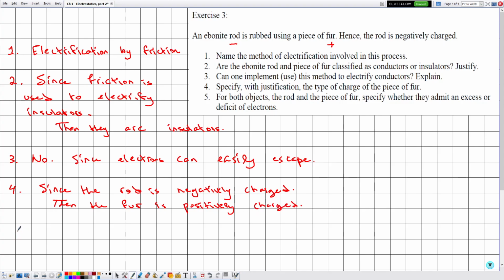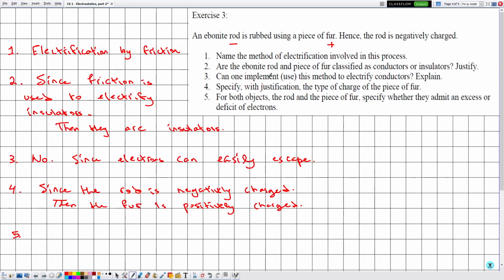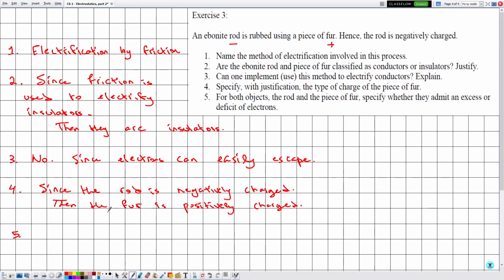And finally, in number 5, for both objects, the rod and the piece of fur, specify whether they admit an excess or deficit of electrons. Now, the ebonite rod is negatively charged, which means that it has an excess, and the reason is given by Q is negative. And for the fur, it has a deficit, and this is because Q is positive.